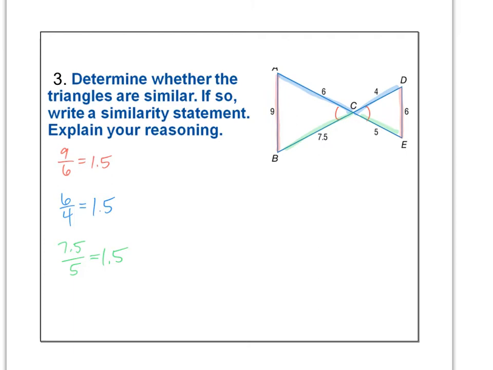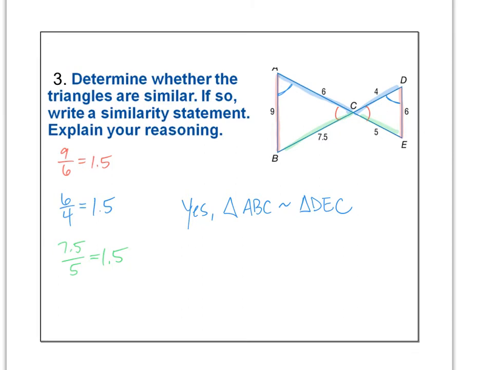We got the same scale factor for each of those sides, so they will be similar. We can say yes, triangle ABC is similar to triangle, going where the pink and blue met, that's D, then E, and then C.